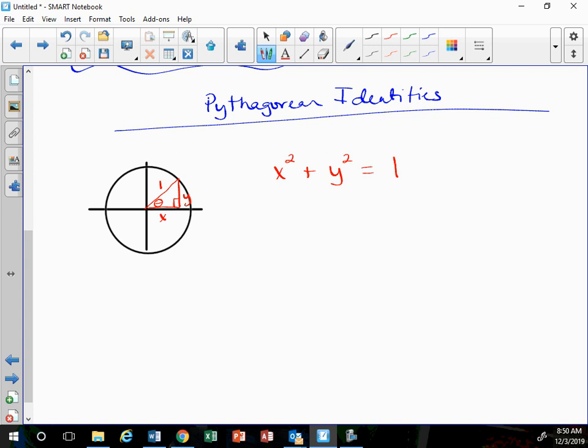Cosine, okay. So instead of x squared, I could say cosine of theta squared. Now, yes, the squared comes before the theta. I know that's a weird notation. You'll get used to it, though. So what do you think I'm going to write instead of y squared? Sine squared. And the 1 is still just a 1. So that right there is your basic Pythagorean identity. You will use that a lot, okay?